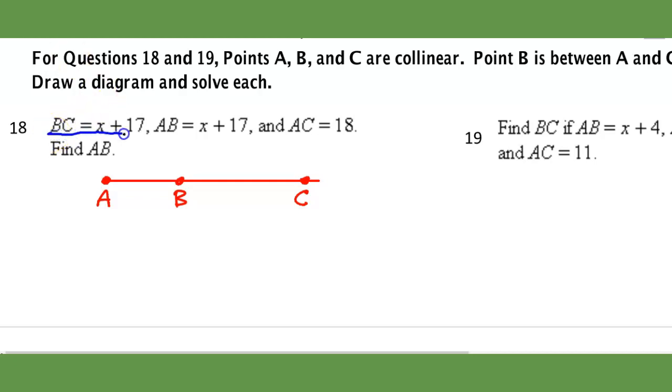So BC is x plus 17, and AB is also x plus 17. Okay, so it looks like this is a midpoint. Because if these are both the same, this B must be the midpoint. Okay. So then AC, there we go, is 18.